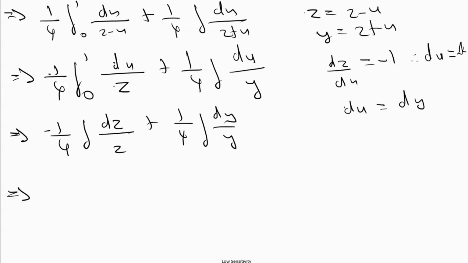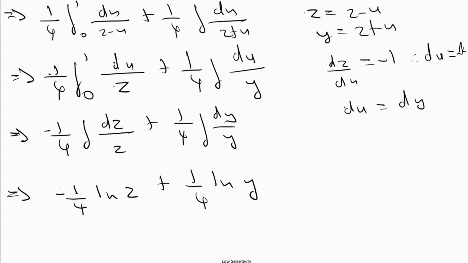So we know how to solve for that. This becomes negative 1 over 4 times the integral of dz over z, which is ln z, plus 1 over 4 ln y.